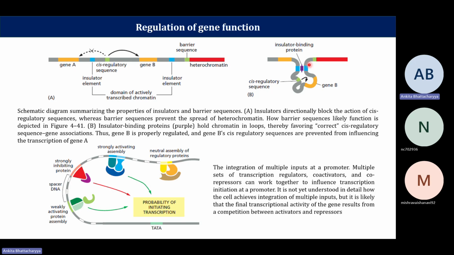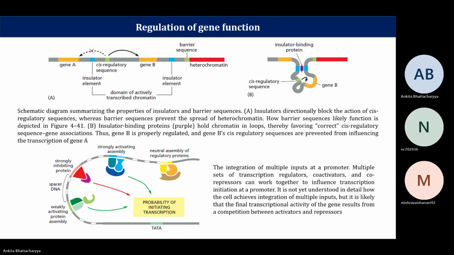So the insulator binding protein loops out the chromatin and favors correct cis-regulatory sequence and gene associations, and gene B gets regulated and they cannot influence the transcription of gene A. So you're creating a local site where transcription can be actively initiated.